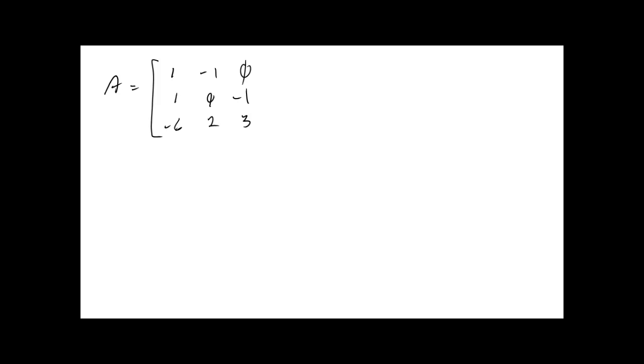So rather than write it down and do a couple things, what I'm going to do is just go on and adjoin this with its appropriate identity matrix, which is a 3 by 3: 1, 0, 0, 0, 1, 0, 0, 0, 1.